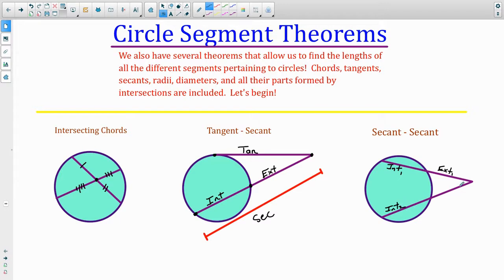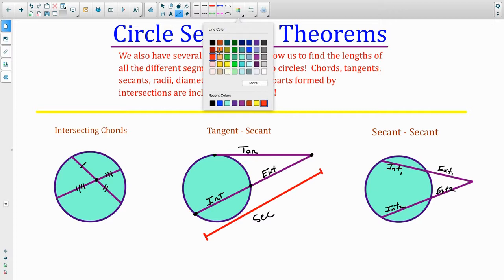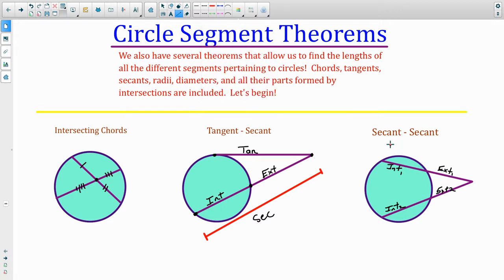I'll call it my interior 2. This will be my exterior 2. And then, of course, again, we have the whole entire secant, and they do not need to be the same. They could be different, right? So the length of this right here, that's one of the secants, and then the length here is the length of the other one, and they do not need to be the same. All of those parts could be completely different from one another.